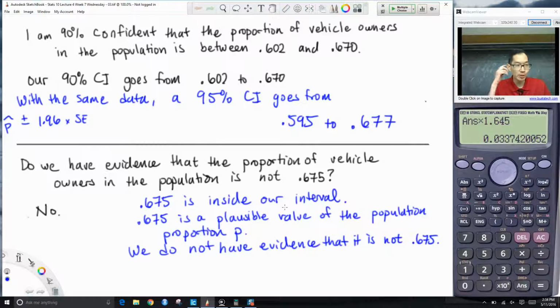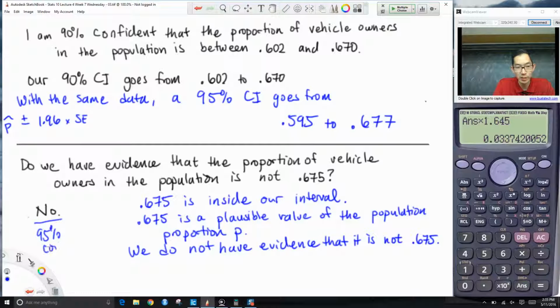So there's a trade-off between your confidence level and what values you will accept or reject. You can create a more narrow interval, but the trade-off is you have less confidence about your answer.